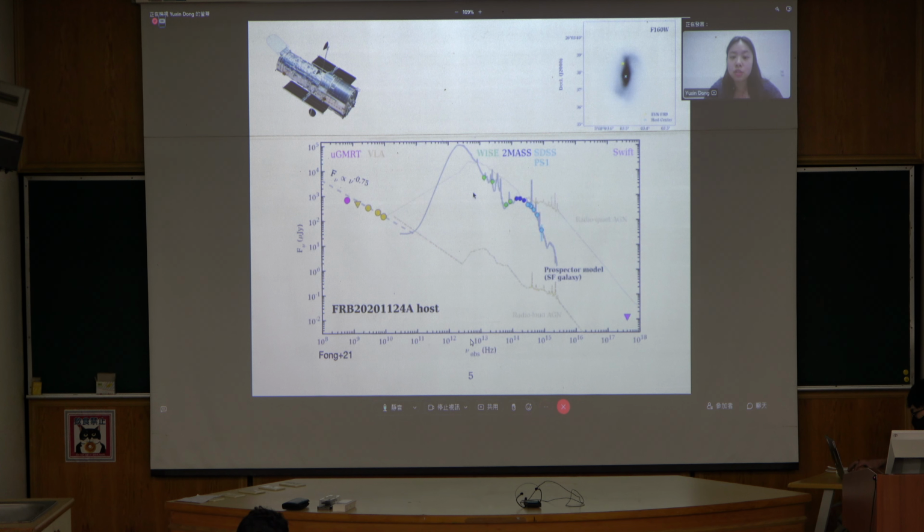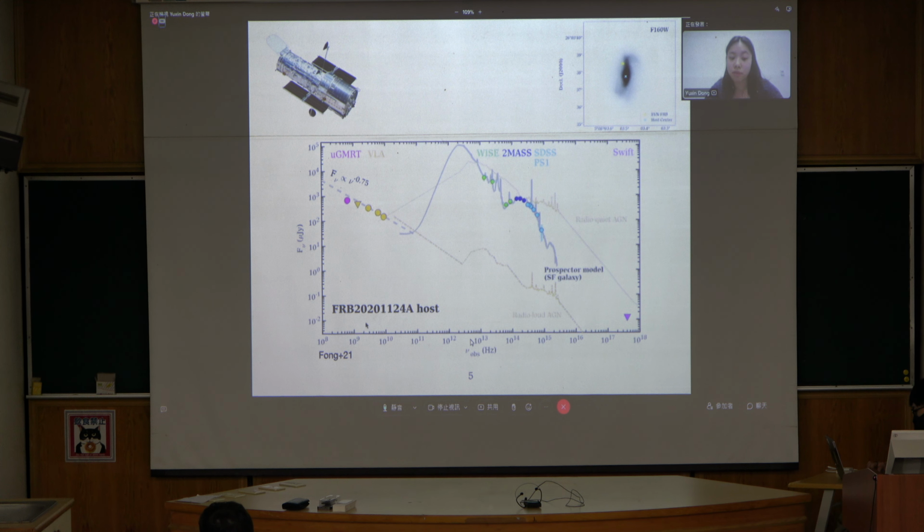Fortunately, we do have broadband data for this host galaxy. Shown here is the spectral energy distribution, or the SED, of the data, with the flux on the y-axis as a function of the frequency. uGMRT and VLA have reported persistent radio emission from the host galaxy.